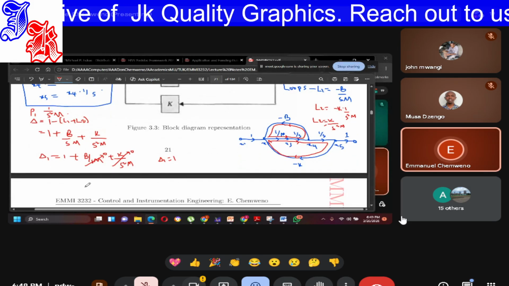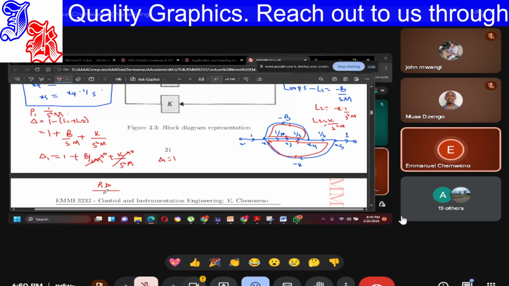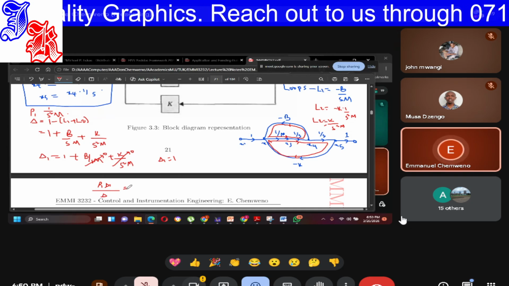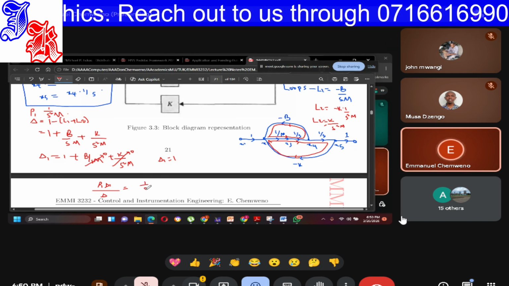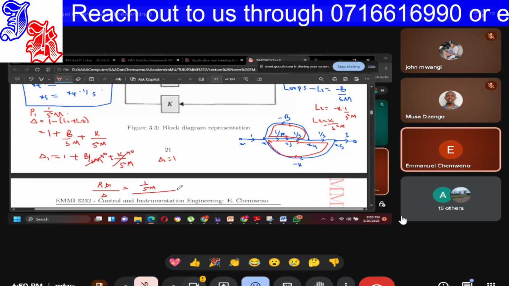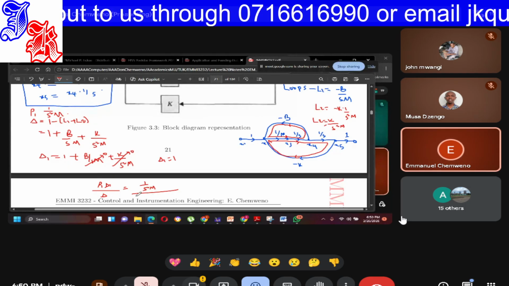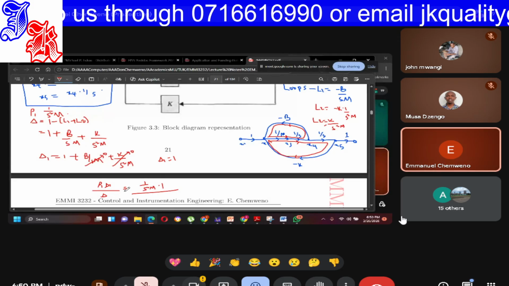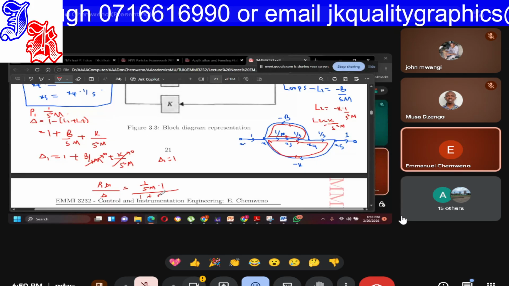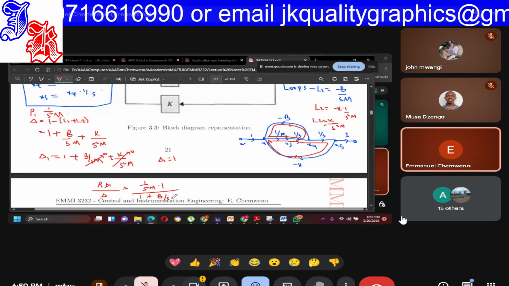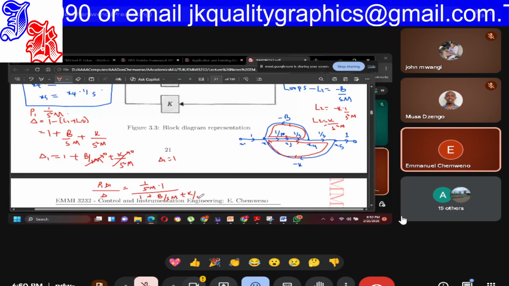Therefore, the transfer function is equal to path 1 times cofactor 1 over the determinant. Path 1 is 1 over s squared m, times cofactor 1, over the determinant, which is 1 plus b over sm plus k over s squared m.